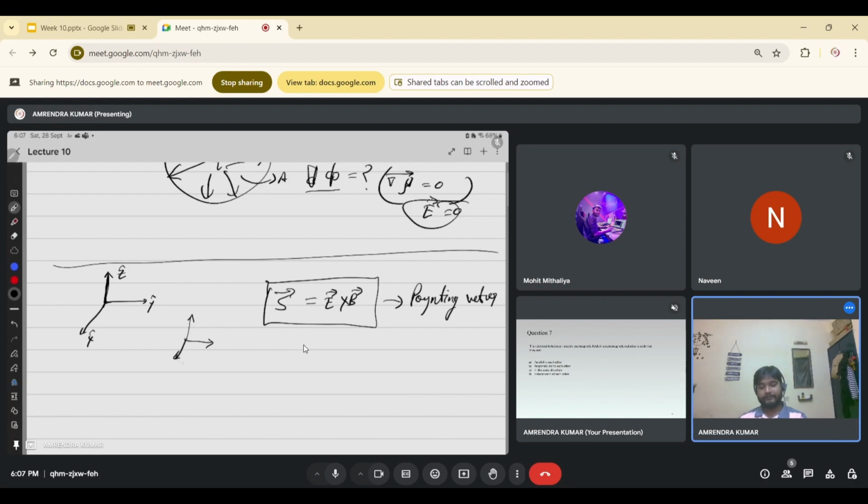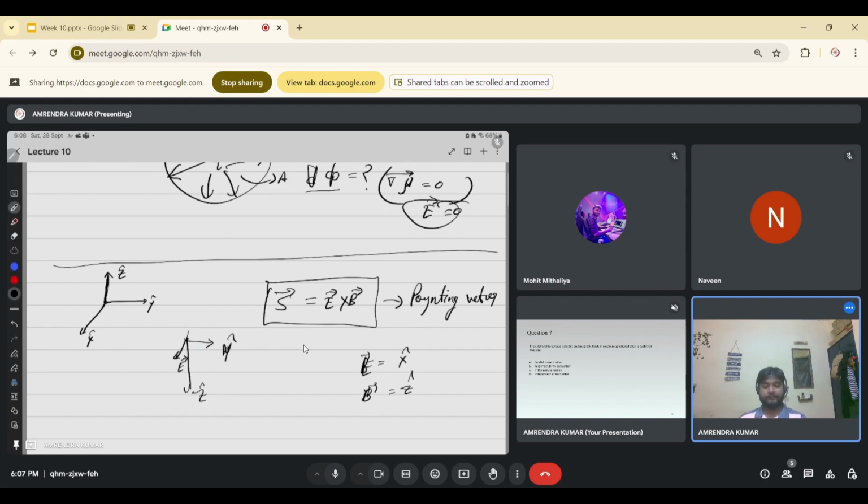So let's say E is in the x direction, and B is in the z direction. Okay, so B has to be in the minus z direction.